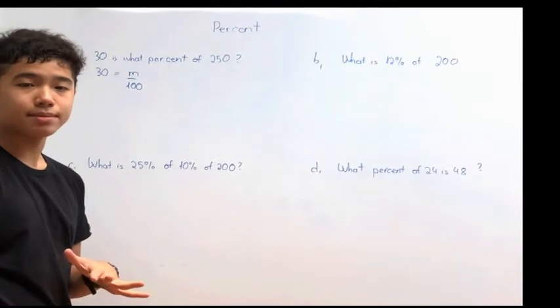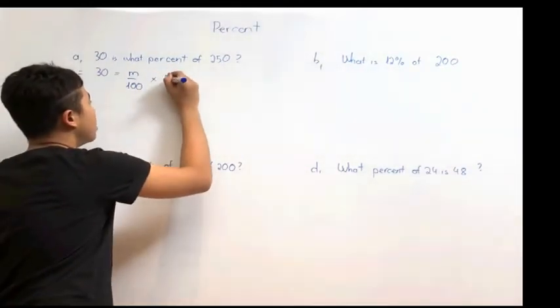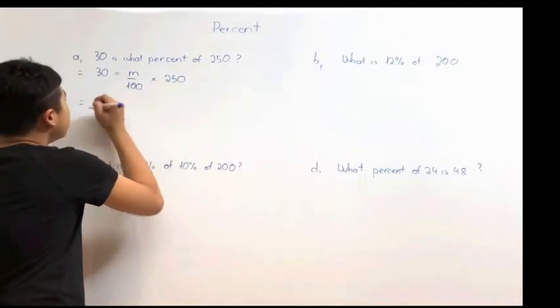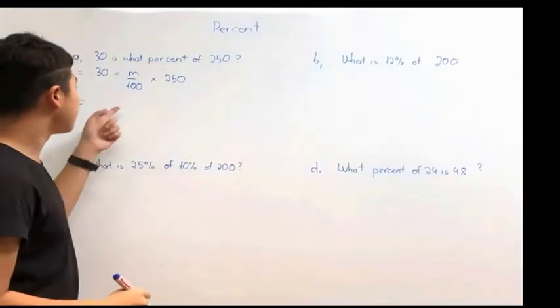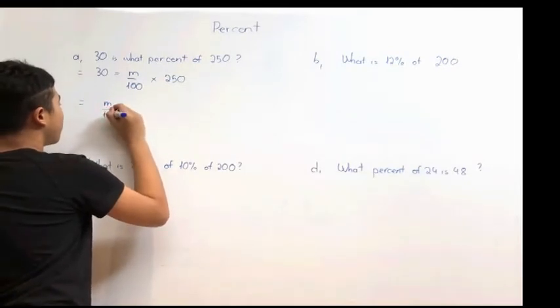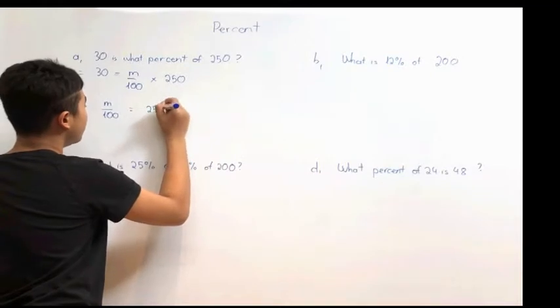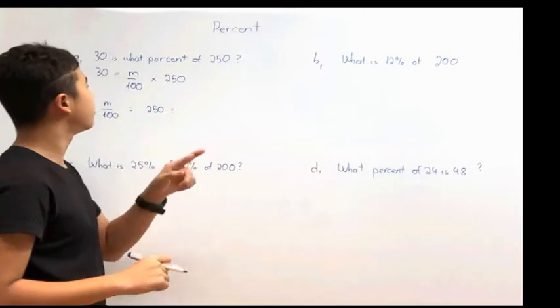Of means times. So times 250, copy it down. And then just find m. So m divided by 100 is going to be equal to 30 divided by 250.